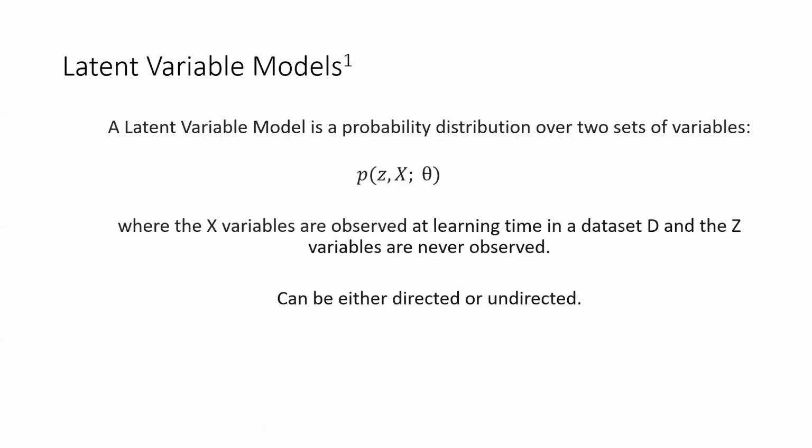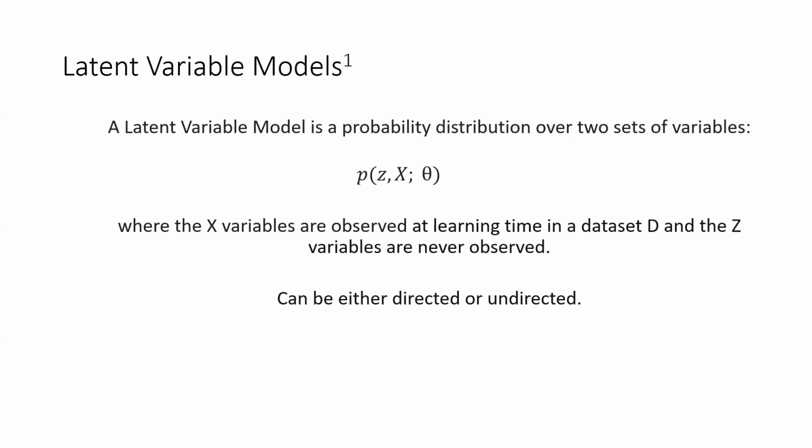And latent variable models, these are not a new kind of model. They can be either directed or undirected. But the distinction here is that some of these variables are never observed. When you have variables that you cannot observe, obviously you can model a lot more things.